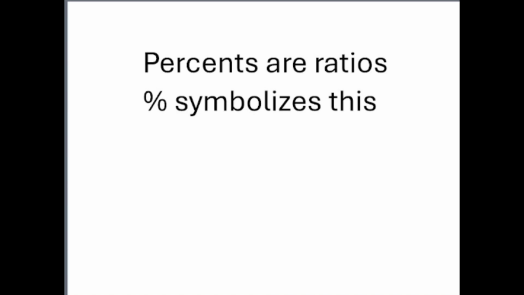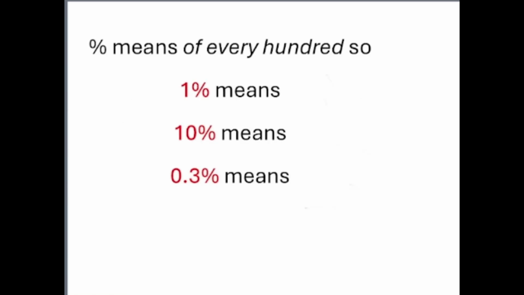But before we can really talk about solutions and percents, we need to remember what percents are. Percents are ratios. And this percent symbol symbolizes this: we have a numerator, a line, and a denominator. So a percent is a ratio, meaning of every 100.